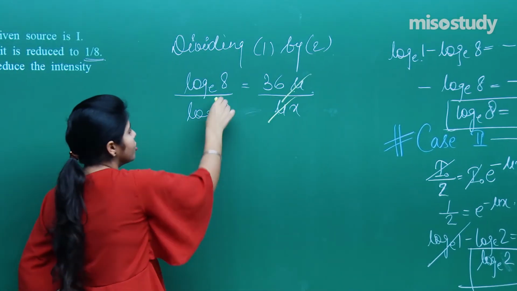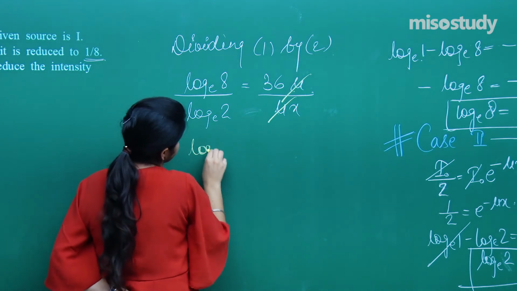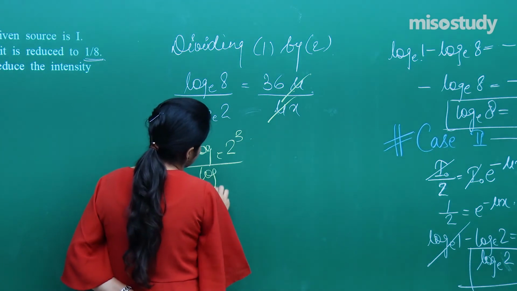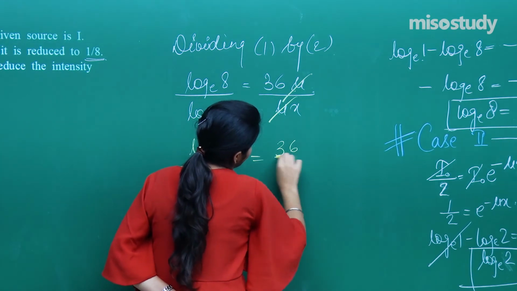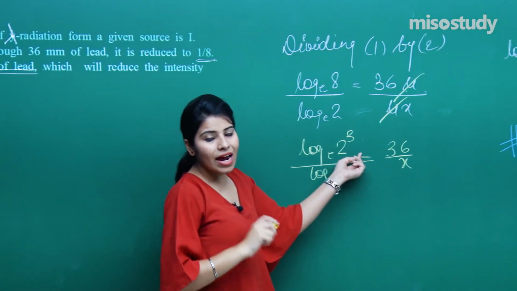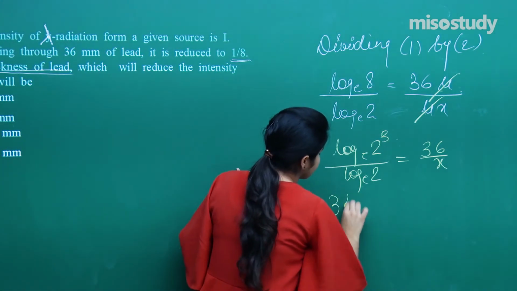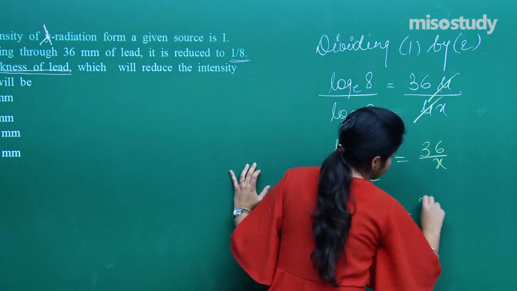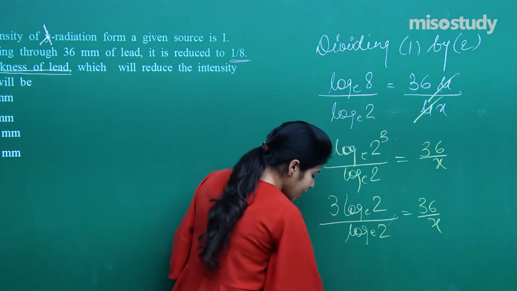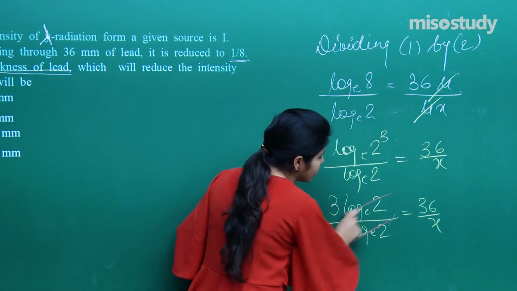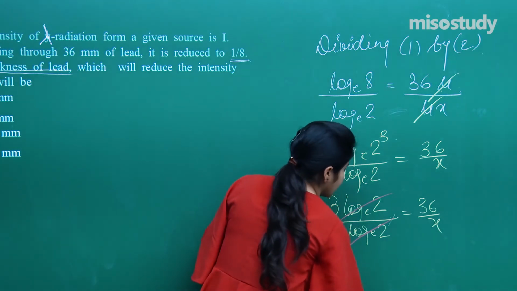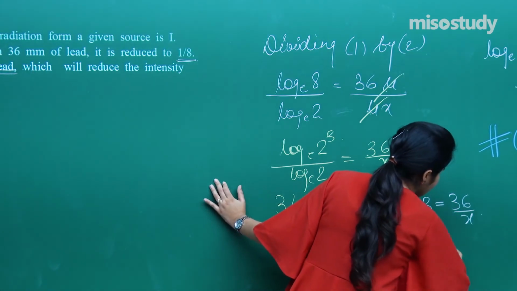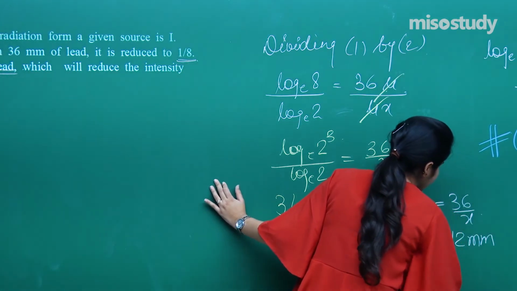Mu cancelled, and you can write this 8 as 2 raised to the power 3, 2 cube. So 3 log e base 2 divided by log e base 2 equals 36 upon x. Log e base 2 cancels, so you have 3 equals 36 by x. So your x comes out to be 12 millimeter.